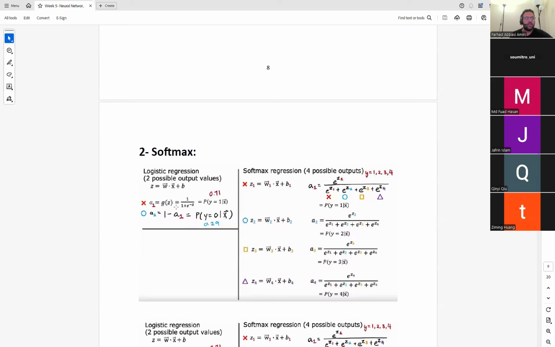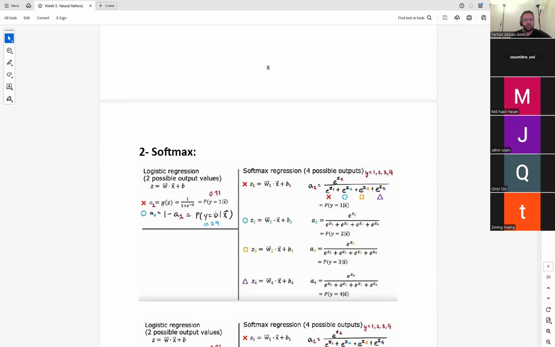And then you know that if the probability of y being 1 is, for example, 0.71 or 71%, then based on a statistical rule, the probability of y not being 1 is 1 minus 0.71, or 0.29, or 29%.